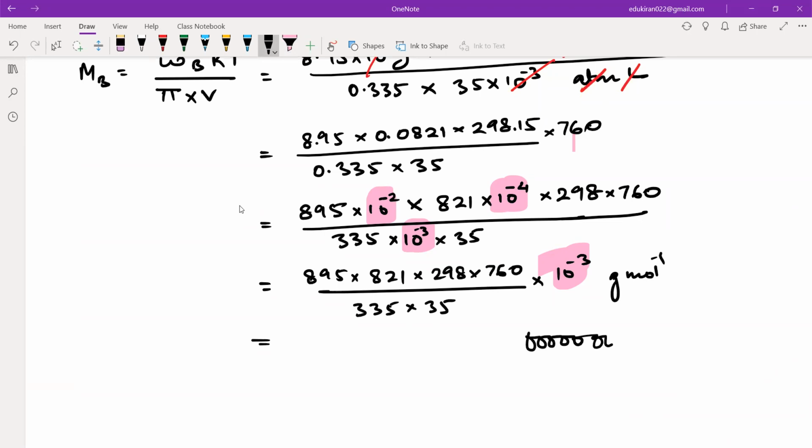Divided by 2, 3, 2. No, it will not come that large. Anyone else has got the answer?